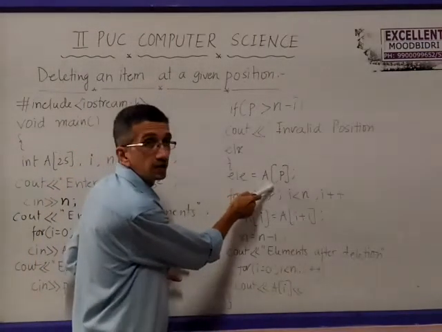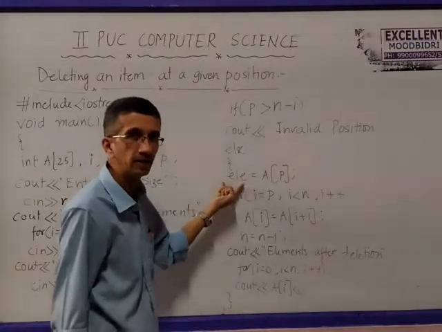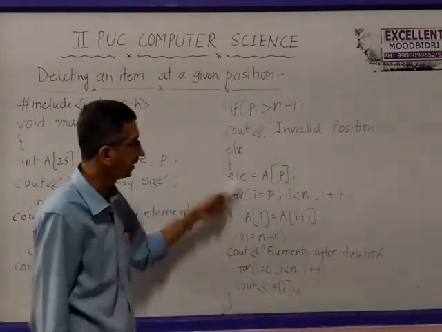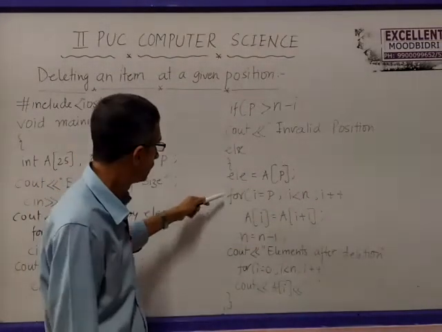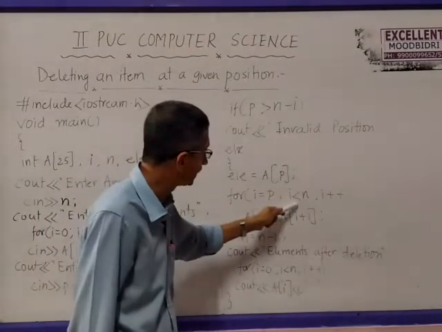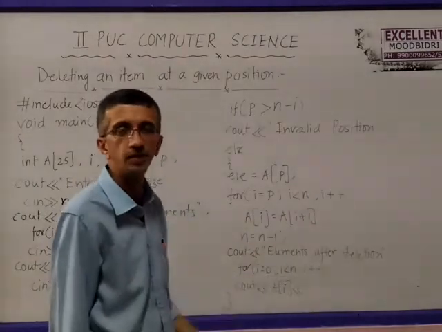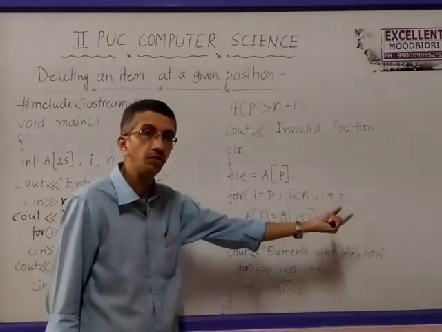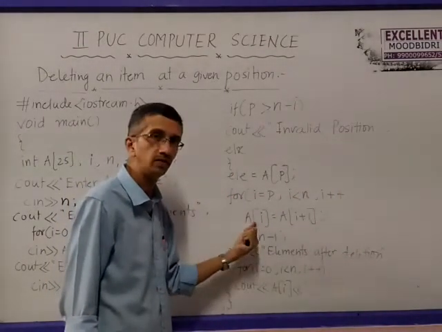Store the element at the given position P in the variable element. That is why we have declared the variable element. Later you can display it. I have not displayed it here. You can display also. For I is equal to P, I less than n, I plus plus, A of I is equal to A of I plus 1. Already I have explained in the algorithm. The next item should be shifted down, back towards the previous location.